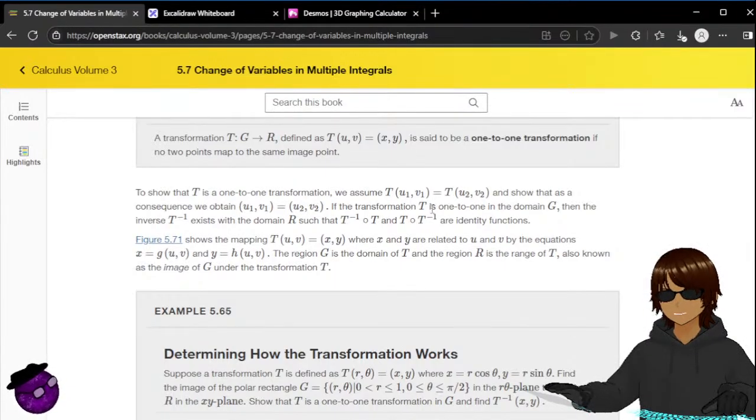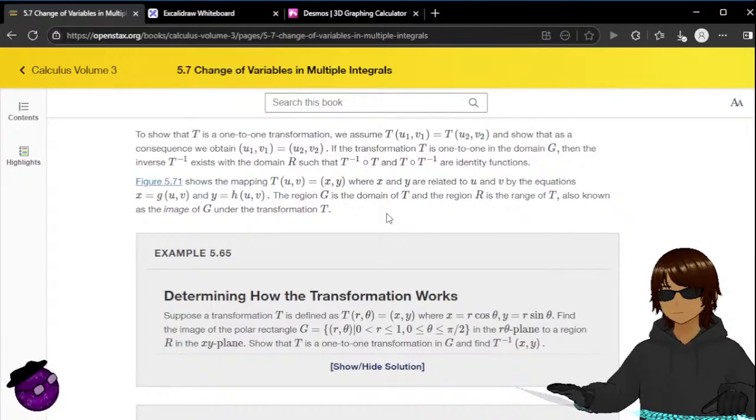If the transformation T is one-to-one in the domain G, then the inverse exists with the domain R, such that T inverse of T and T of T inverse are identity functions.